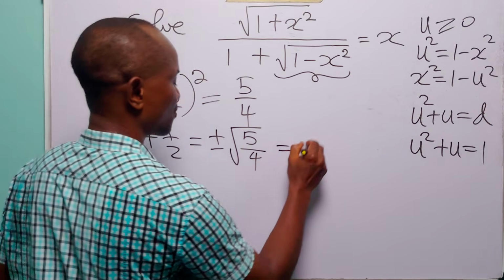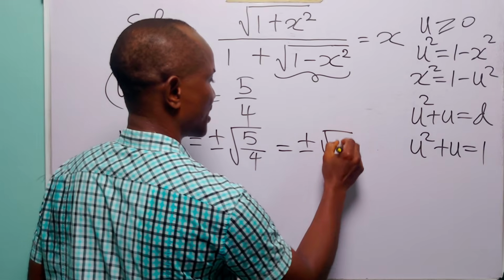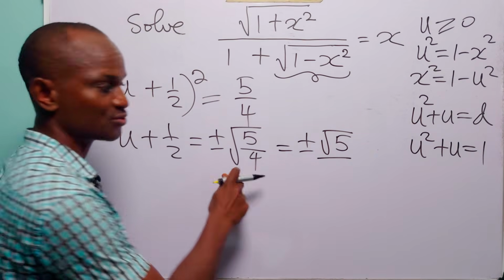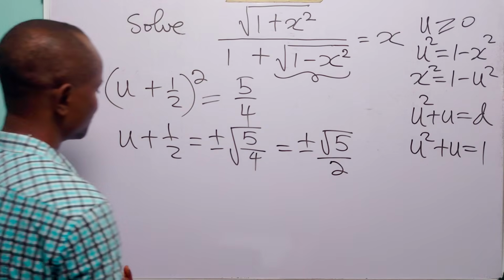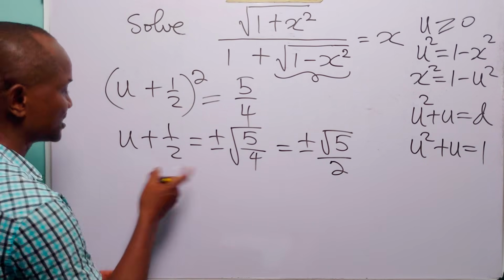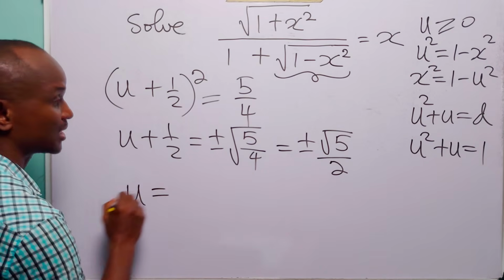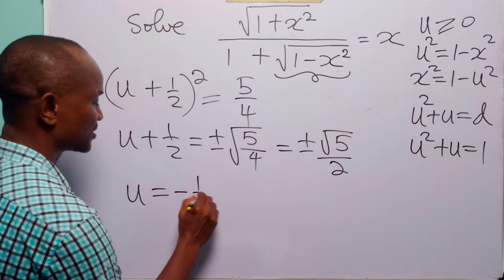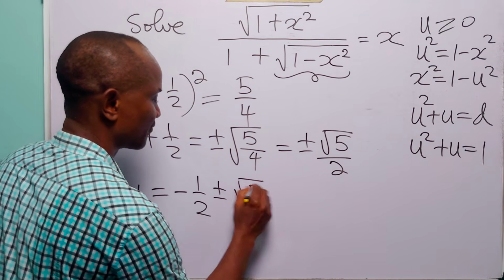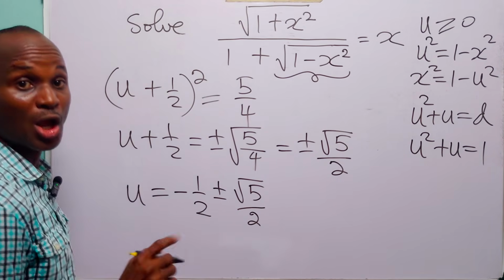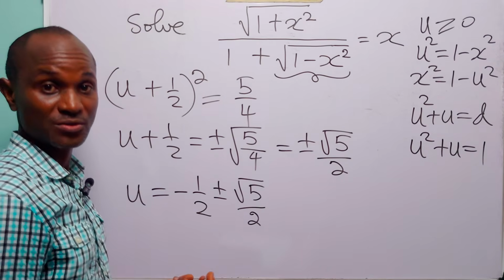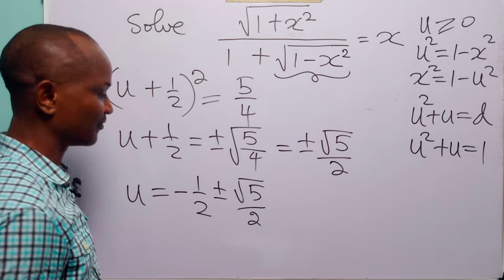And of course, this is equal to plus or minus the square root of 5 divided by the square root of 4, which is equal to 2. So here we have 2. And when we subtract half from both sides of this equation, we have that u is equal to minus half plus or minus the square root of 5 over 2. But we know that u must be greater than or equal to 0. That is, u must be positive.